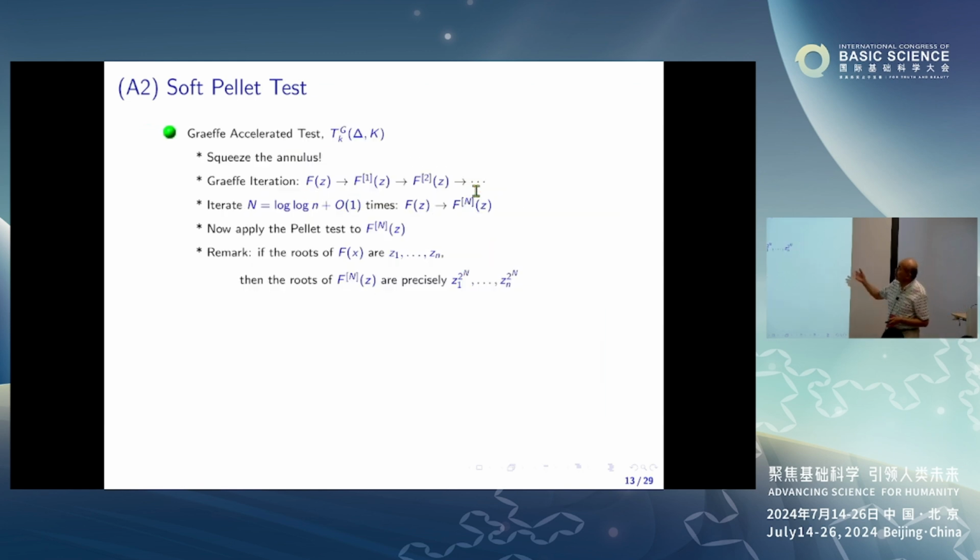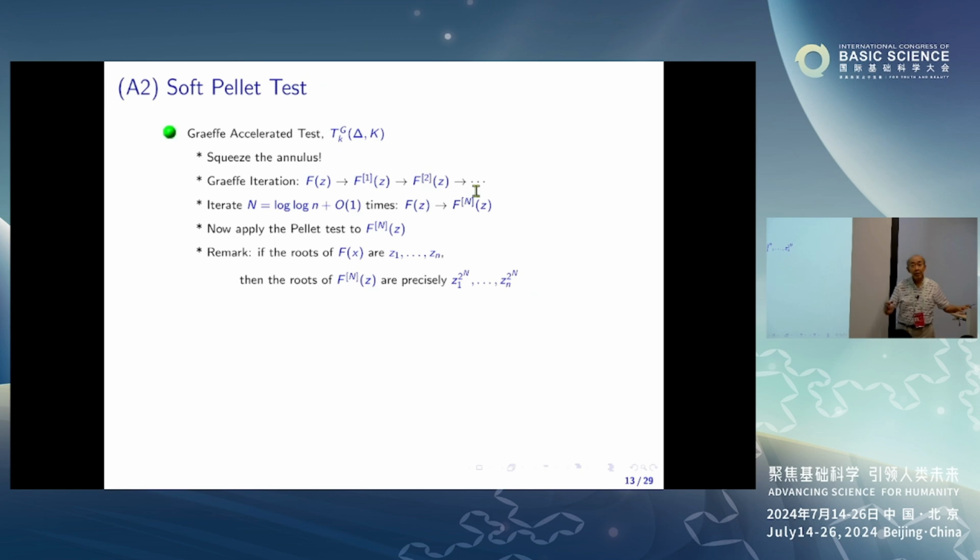Well, there's a technique called Graeffe's acceleration, where you take a polynomial f and you transform it to another polynomial, f_1, and then you can transform it to f_2 and so on. And the point is that if you do it capital N times, then the roots of this polynomial are exactly the original roots, but raised to the power 2 to the N. So you're growing exponentially fast.